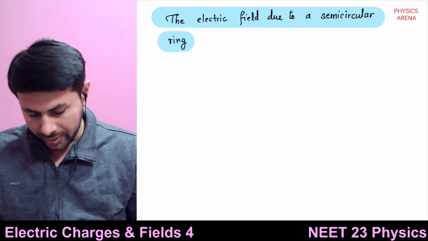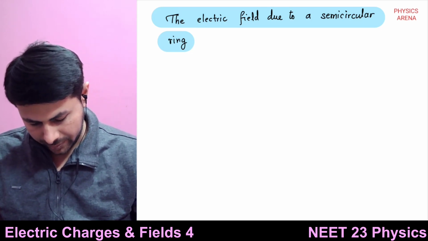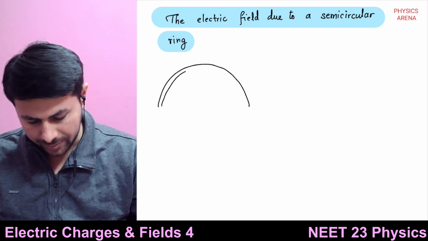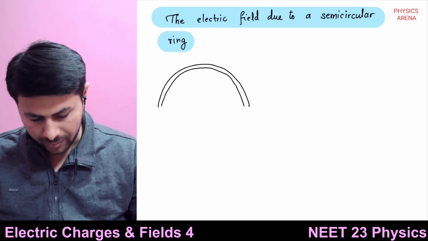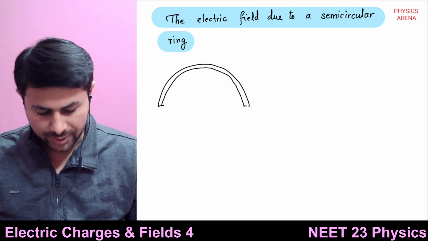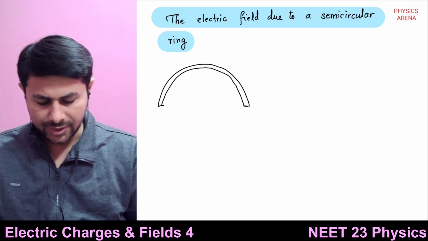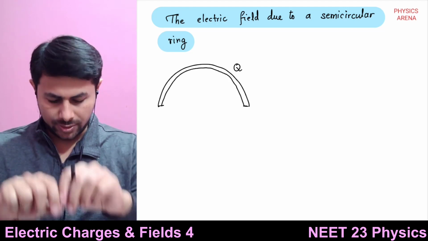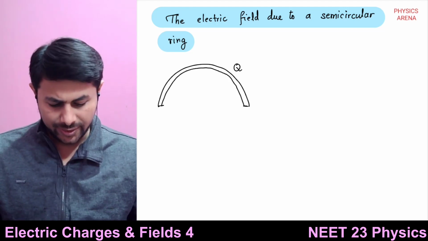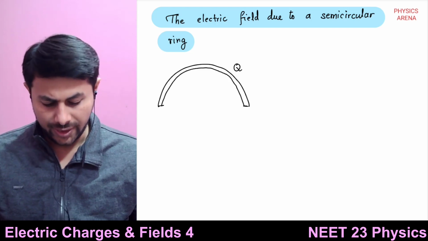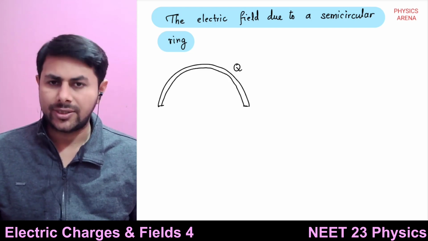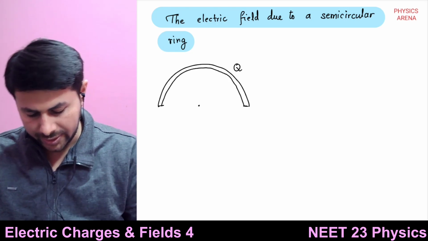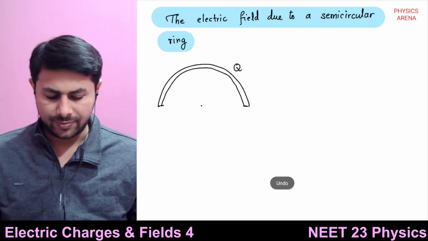Okay, so let's suppose this is a ring and there is a charge q uniformly distributed over the length of this ring, and we want to find its electric field here at the center.